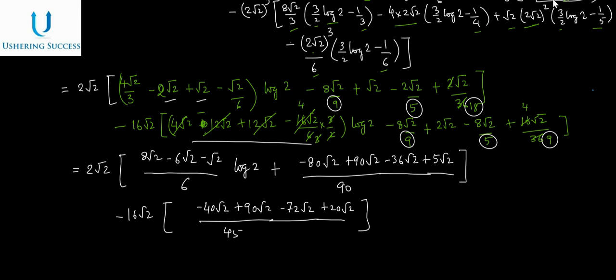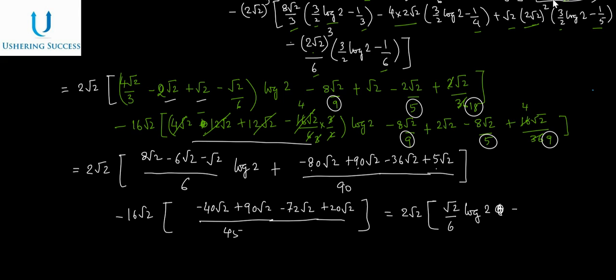So if I simplify this, this becomes equal to 2 root 2 into 8 minus 6 minus 1. So 8 minus 7 is 1, so root 2 over 6 log 2 plus 90 minus 8 is 10, 10 and 5, 15 minus 36. 15 minus 36 is minus 21.